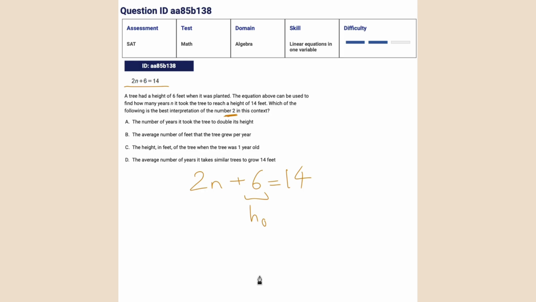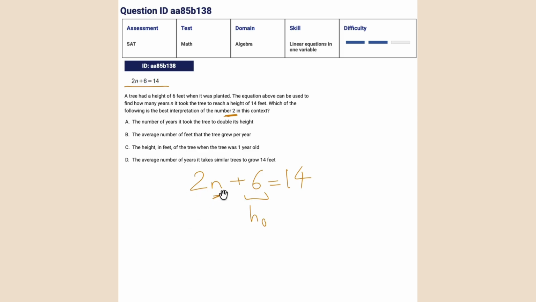And then 14 feet is what we're trying to reach: how many years will it take to reach 14 feet. So this is like the goal height, not related to the number 2 here. 14 is just a part of the equation, not multiplying 2 or anything like that.